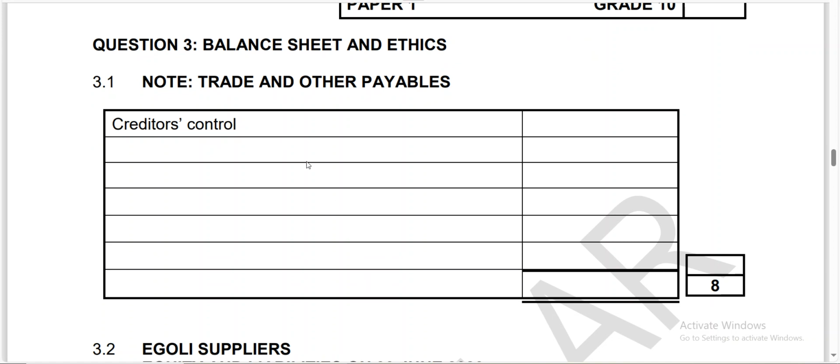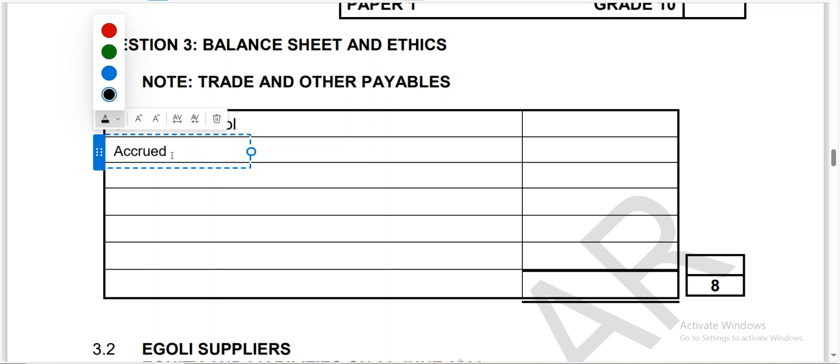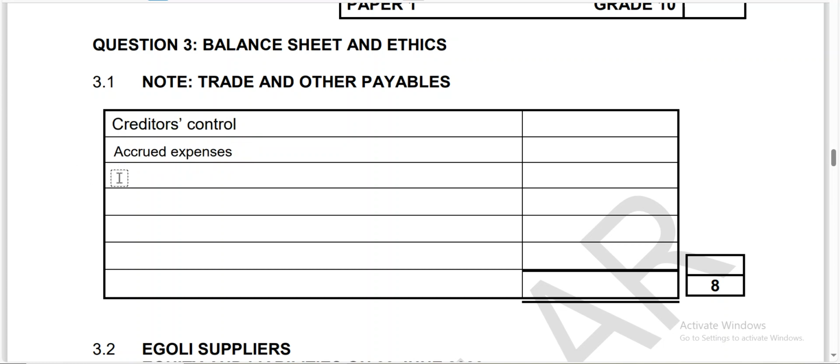So now remember, under creditors control, you definitely are aware that you are going to have your prepaid, your accrued expenses. So you should start by writing down that format. You are going to have your accrued expenses. You are going to have your income received in advance.